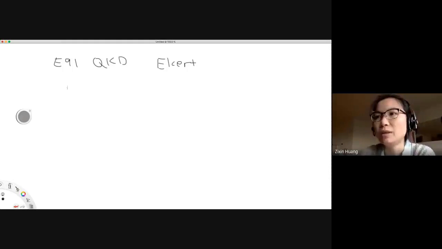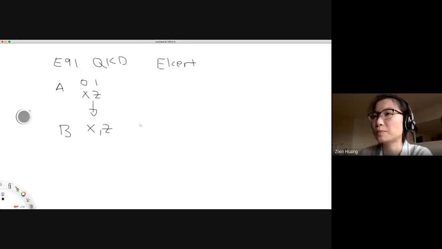It is very similar to the BB84 protocol. Remember that in the BB84 protocol, Alice is generating a classical bit, and she's choosing a basis, X or Z, and then she's sending these to Bob, who's choosing to measure in the X or the Z. So let's say this is BB84.